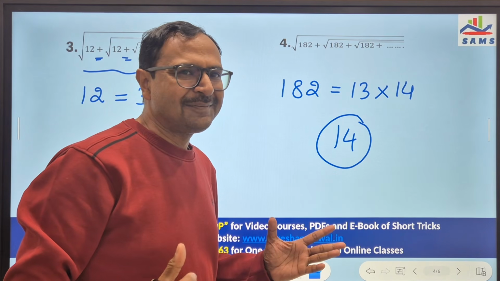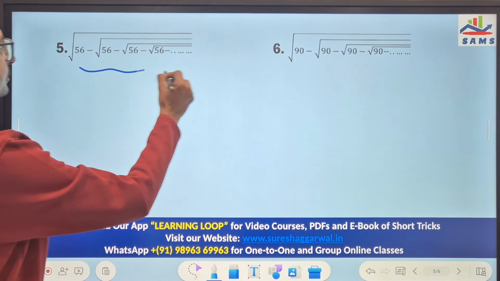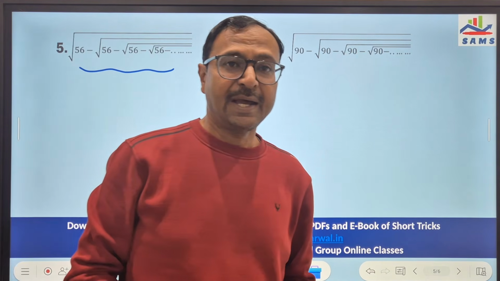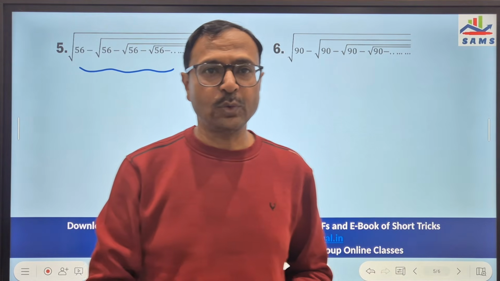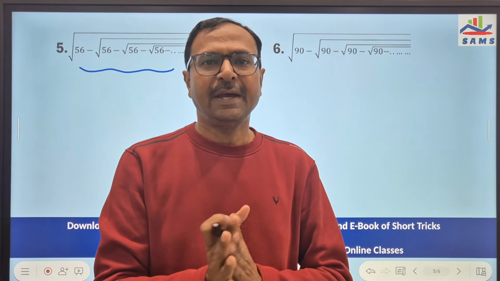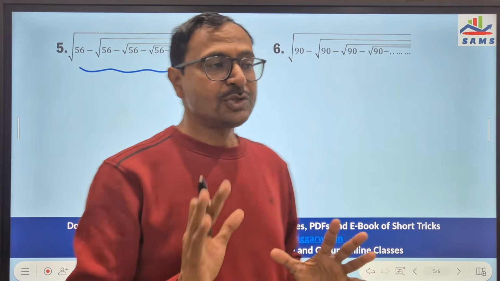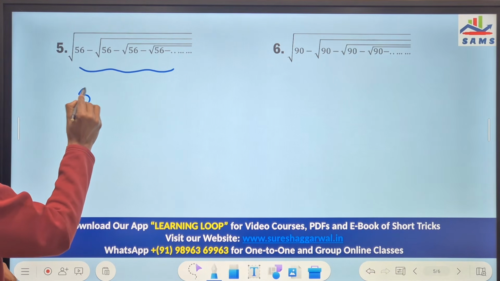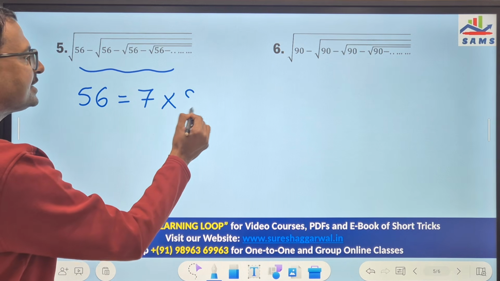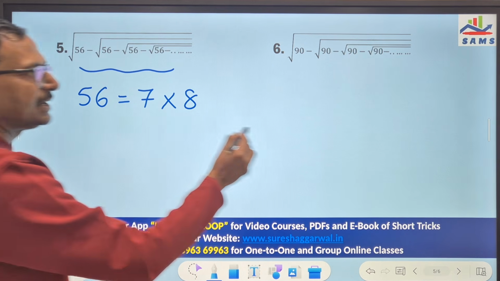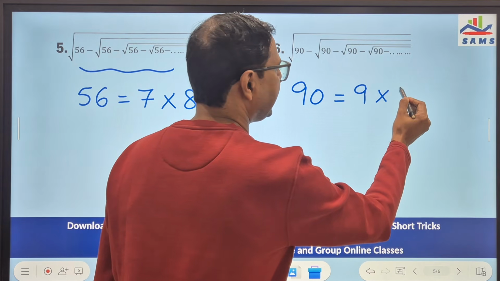Very easy, right? And what happens if there is a minus sign? Like here, you have 2 different questions, and again the same observation. The number inside the square root will invariably be expressed as a product of 2 consecutive natural numbers. So here 56 can be written as 7 times 8, consecutive numbers, and 90 as obviously 9 times 10.